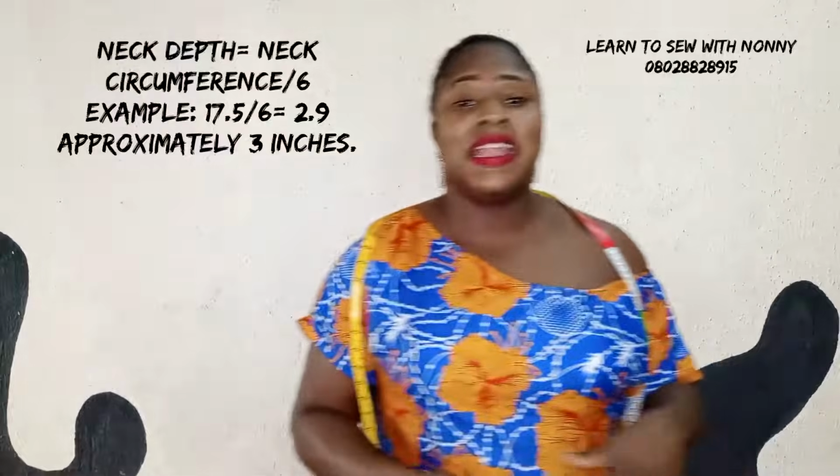Alright, so 2.9, I can approximate that to 3 inches. Remember, I said the stereotype or the standard is 3 by 3, right? But it doesn't actually work for everybody, because somebody that is bigger than me or has a wider neck than I do, you would not use 3 inches for that person, because it's going to come out really tight and choke the person. So mine is 17.5.